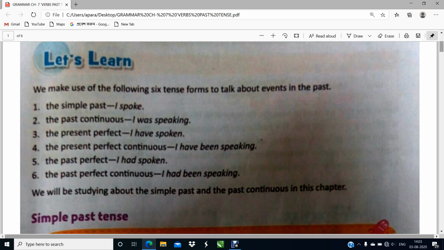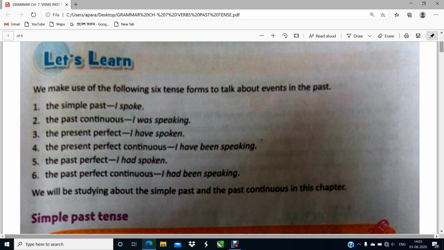So the past perfect tense will be we had written, and the past perfect continuous will be we had been writing. So these are the 6 tense forms we talk about when we talk about events which we are doing in the past.